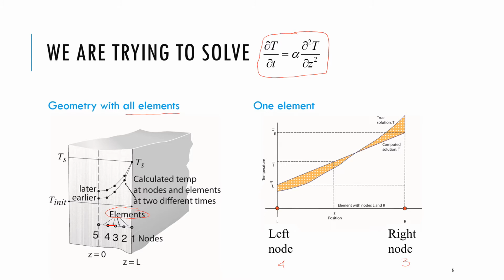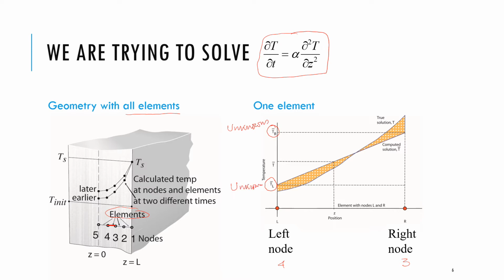Okay, so for this element we have the unknowns as the temperature T_L bar on the left node, and then T_R bar is the value of temperature at the right node. These are unknowns. These are what we are trying to solve for.